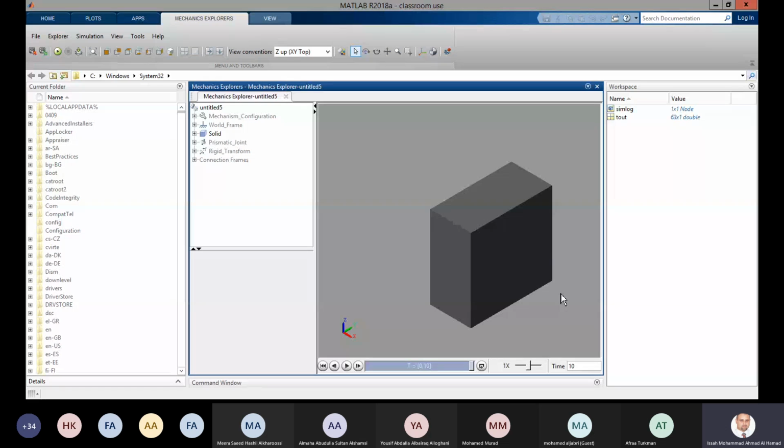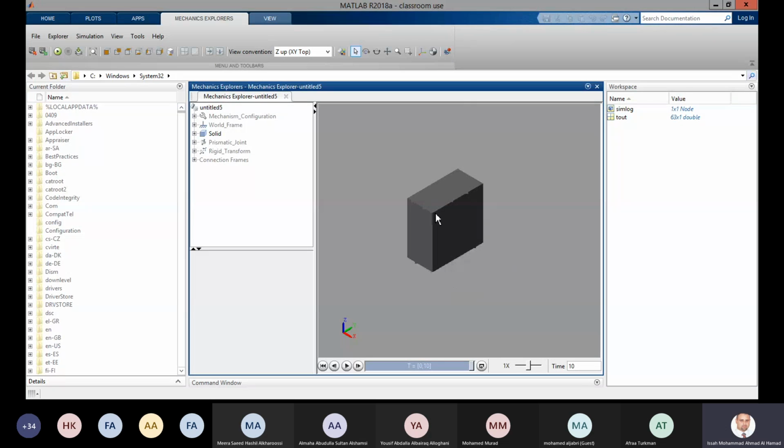Okay, can you see the mass now? Yes, doctor. Okay, so if you press on play here, you can see that it was stretched 10 centimeters. It started vibrating, then it came to rest. Okay, so this is about the mass.